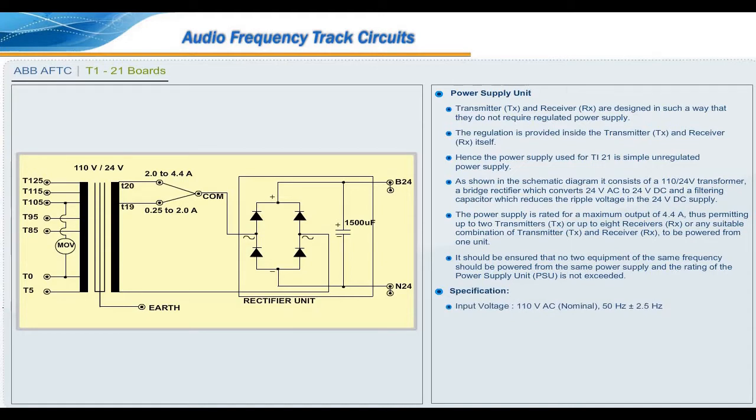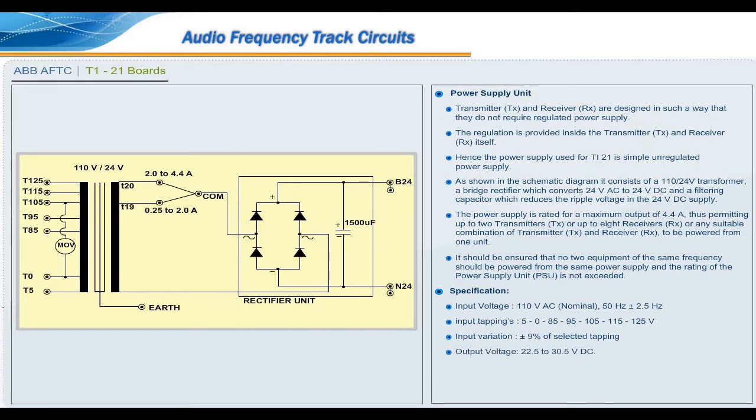Specification: input voltage 110 volt AC nominal, 50 Hz plus or minus 2.5 Hz. Input tappings 0, 85, 95, 105, 115, 125 volt. Input variation plus or minus 9% of selected tapping.